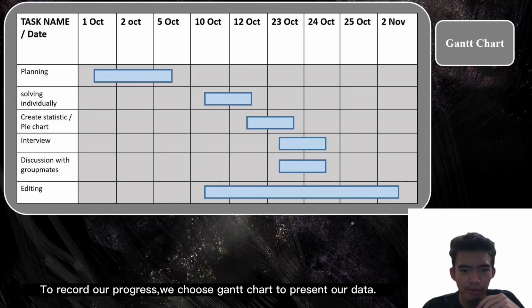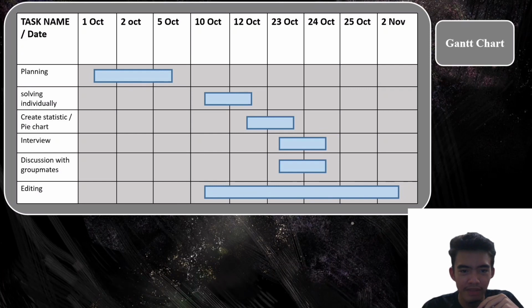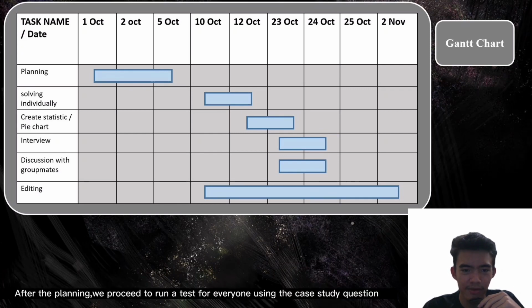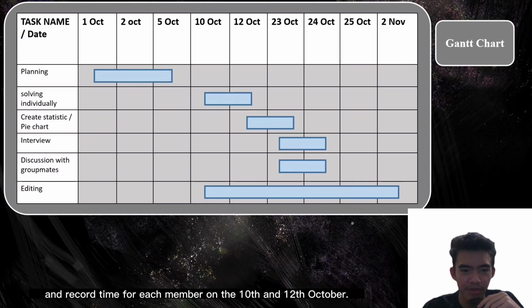To report our progress, we chose a Gantt chart to present our data. The first activity is planning. We planned our tasks on the 1st to 5th of October. After the planning, we proceeded to run a test for everyone using the case study question and recorded the time for each member on the 10th and 12th of October.